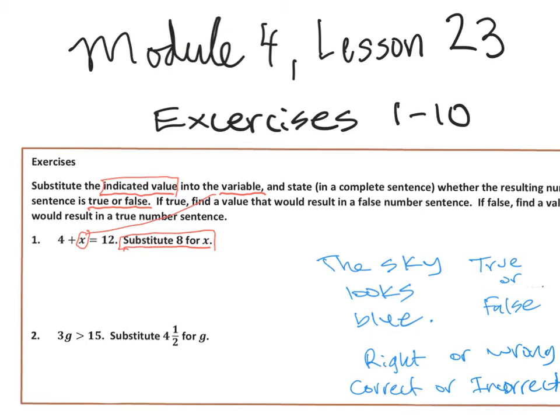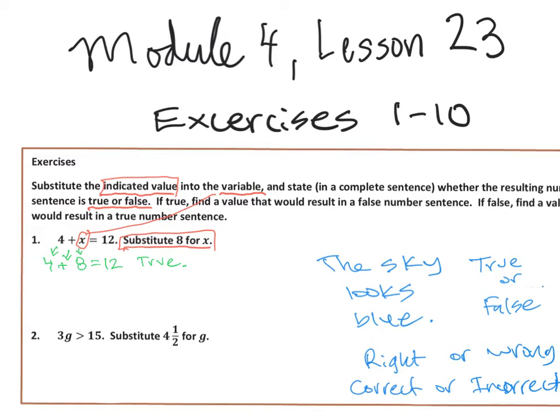So if we do that, we go ahead and we say, okay, 4 remains the same, the addition remains the same, but the x is substituted for 8. So now we're going to say 4 plus 8 is equal to 12, and that is a true statement.